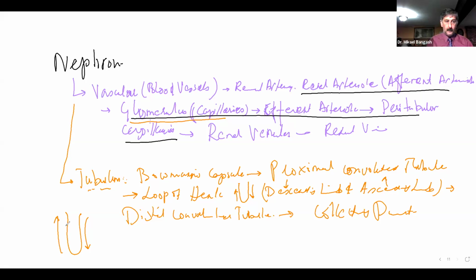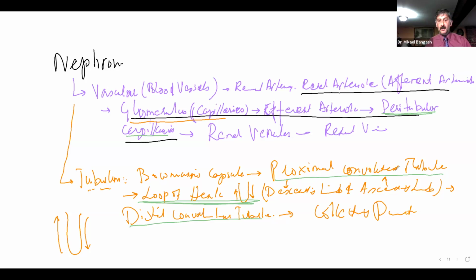Now we can mainly say what we in the nephron refer to as the peritubular capillaries. Where do we find those? They are mainly going to be around your proximal convoluted tubules, the distal convoluted tubules, and extensively around your loop of Henle. That's where we find this second set of capillaries called the peritubular capillaries.